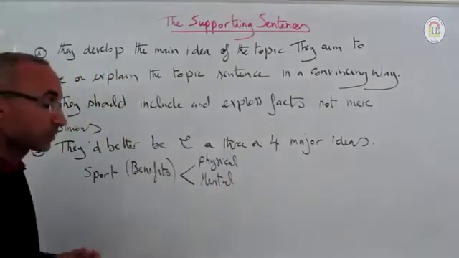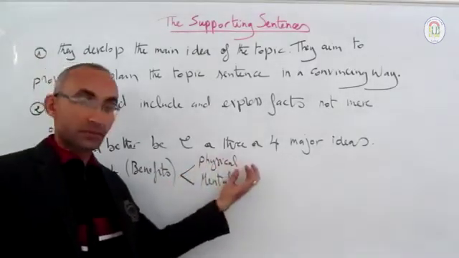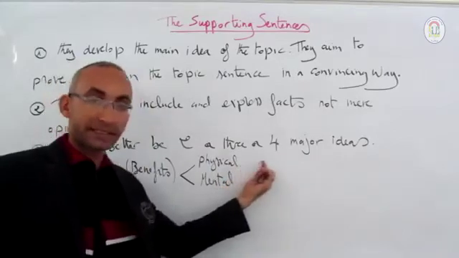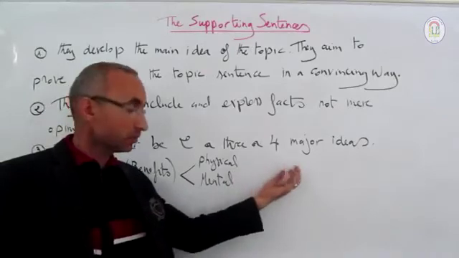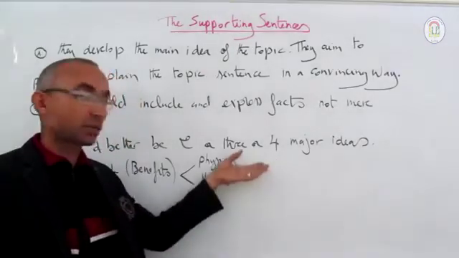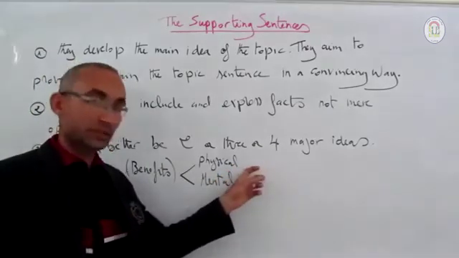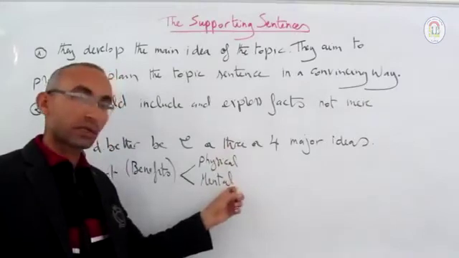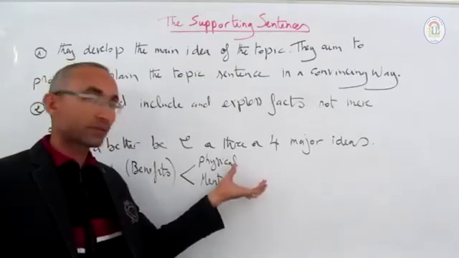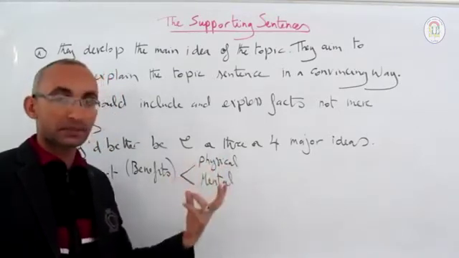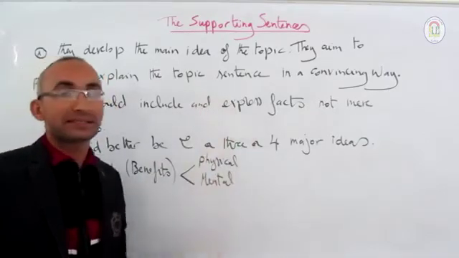I will concentrate in my paragraph on these 2 major ideas and develop them, explain them, detail them, and exemplify them, equally and logically. For example, I develop for the first one 2 or 3 lines of explanation, and for the second one 2 or 3 lines of explanation, and I try to relate them logically to have a sound body which reflects really what I promised the reader in my topic sentence.